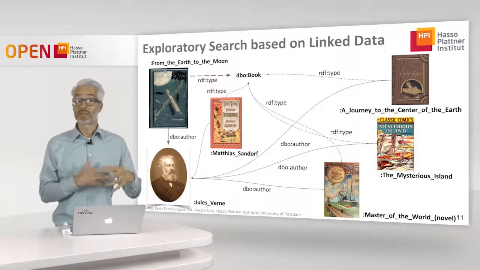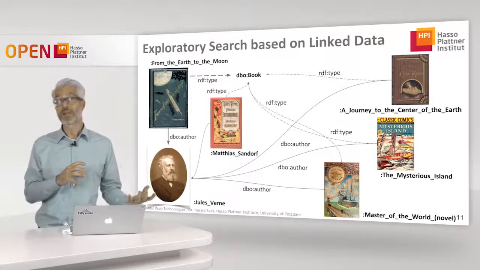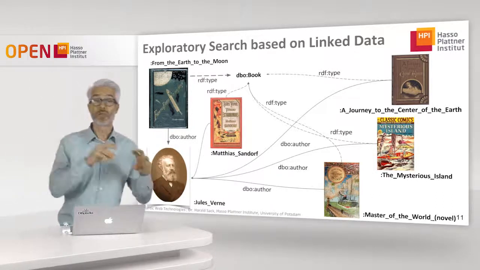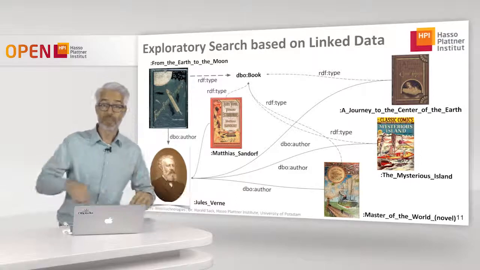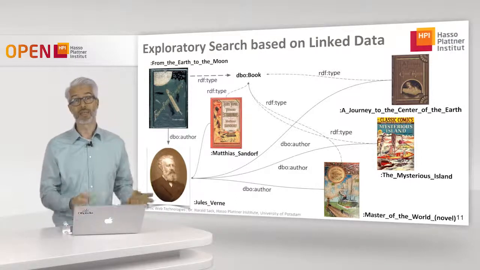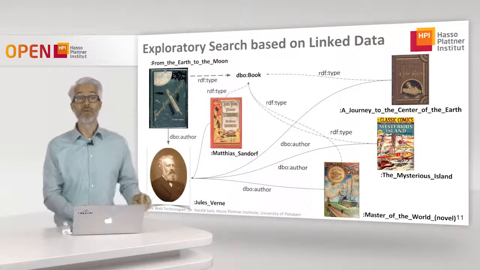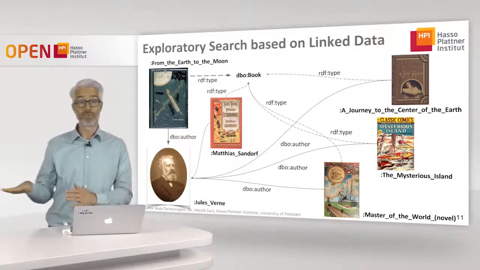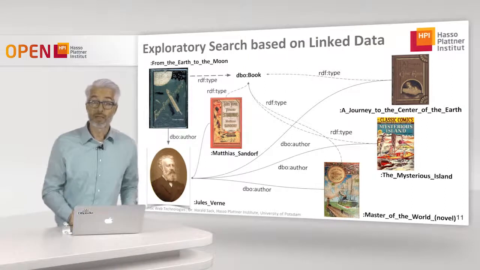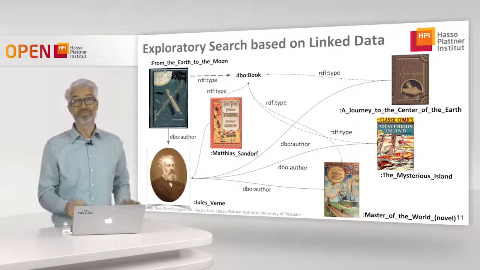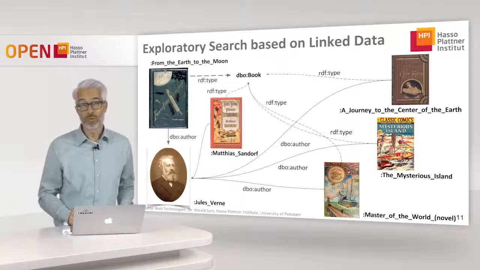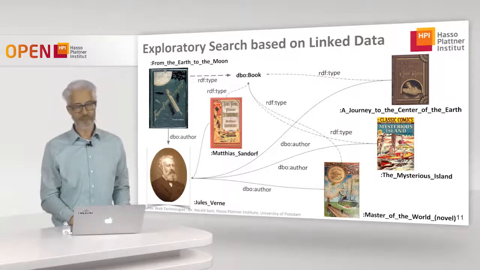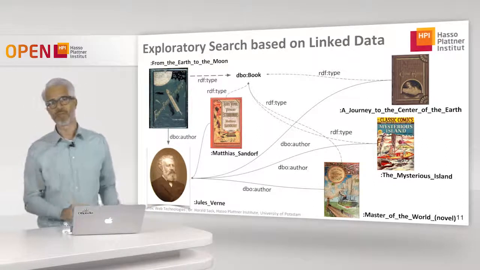But they do not necessarily have now a direct connection to our original resource. So they might be a little bit farther away. So they are not directly related with the original resource. They are only related by the author. Staying with our library example, this might again be too close to our original result. So let's go a little bit farther away.